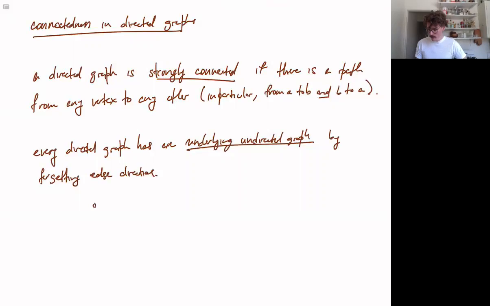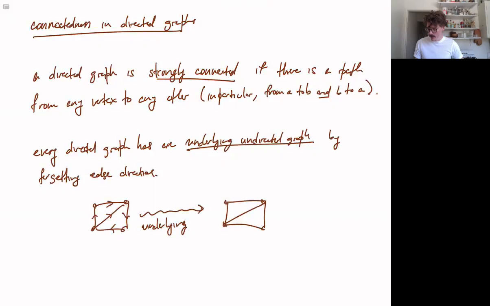So if we have a graph like this, which is a directed graph, then if we just draw the same graph with no directions on the edges, this is what we call the underlying undirected graph.